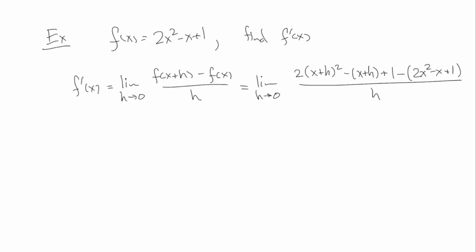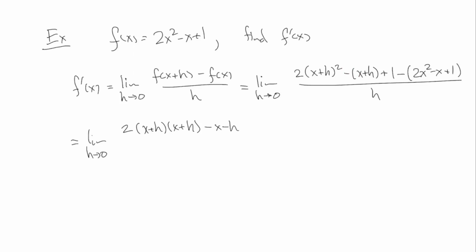All right, from here, we're going to do a bunch of FOIL type simplifying. So I have that 2 there at the beginning. It's going to have to stay like it is. X plus h squared, I'm going to write as x plus h times x plus h, and then I'll expand that out in the next step. What else can we do here? Next, I see minus x plus h. Distribute the minus sign here. That becomes minus x minus h.